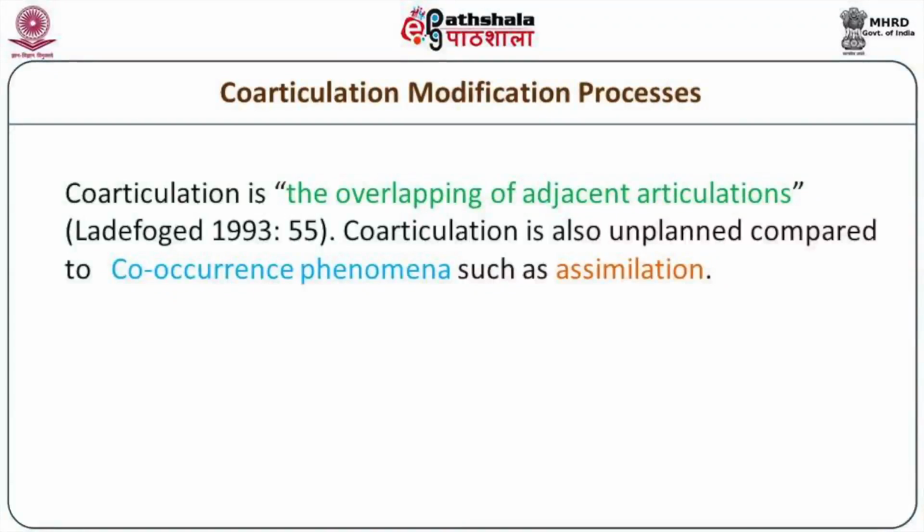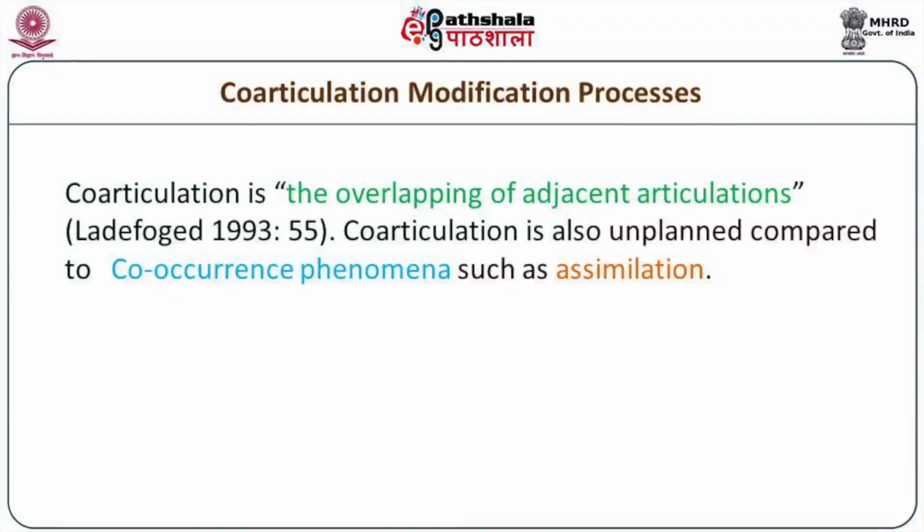A major type of modification processes is the co-articulation type of modification processes. In co-articulation, normally the articulations of the adjacent segments overlap. That means that the following segment may already be affecting a preceding segment and vice versa.